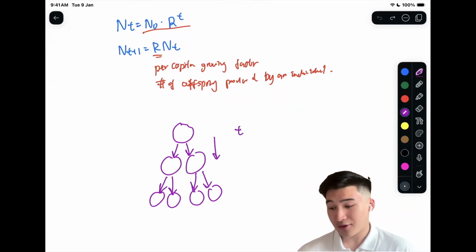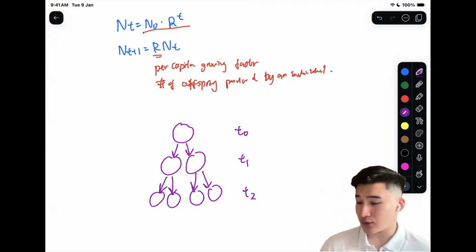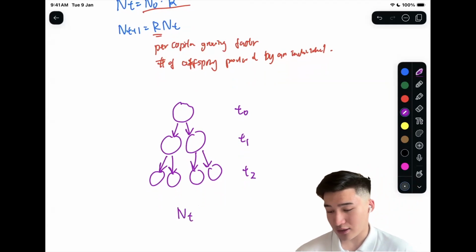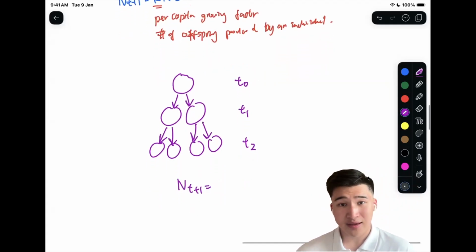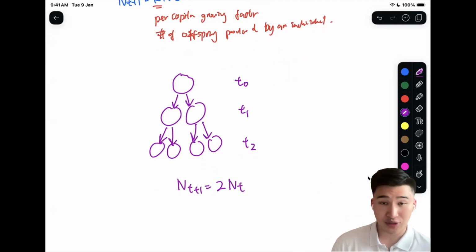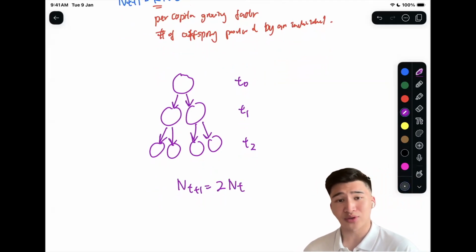I don't know if it's day or month, whatever, but I'm just going to call it a period. So we're going to start with T0, we have T1, T2, etc. So in cell division, we have N t plus 1 equals 2 times N t, right, and 2 is the updating function here.